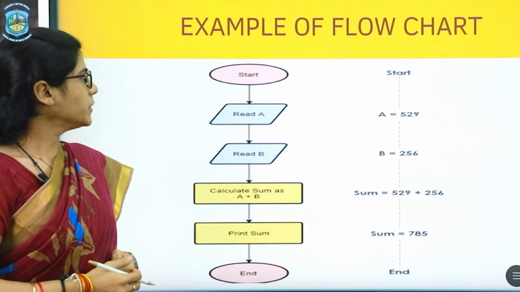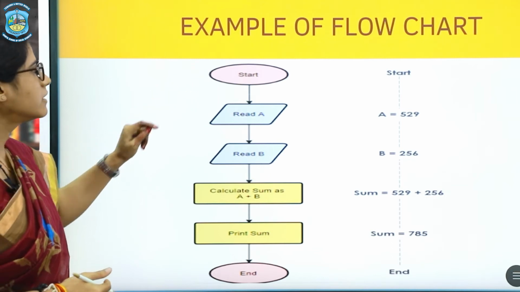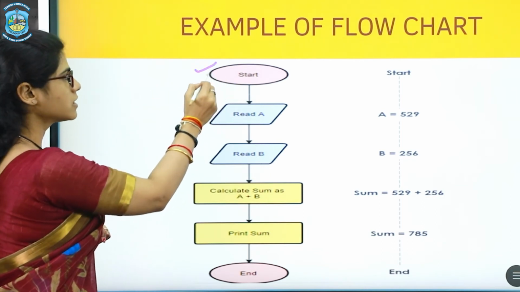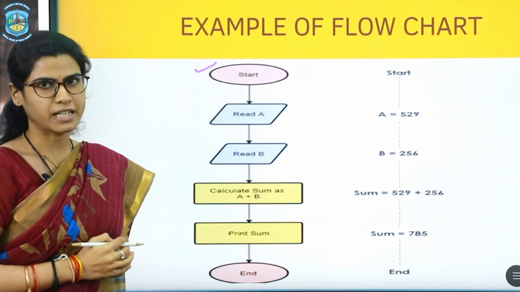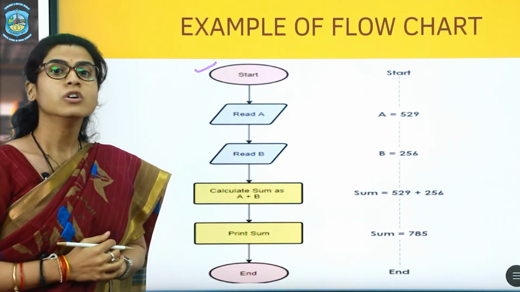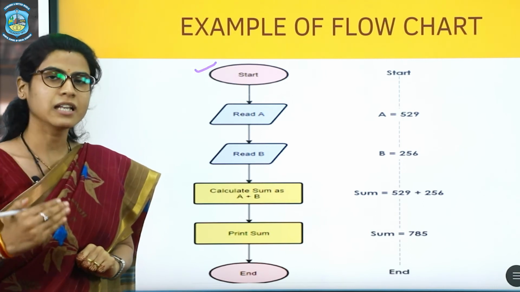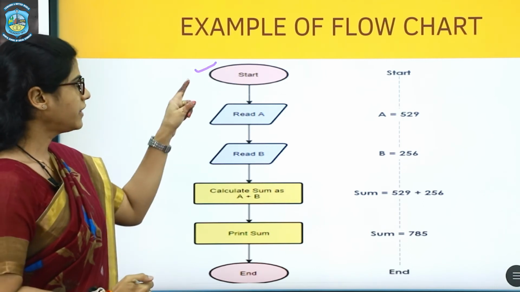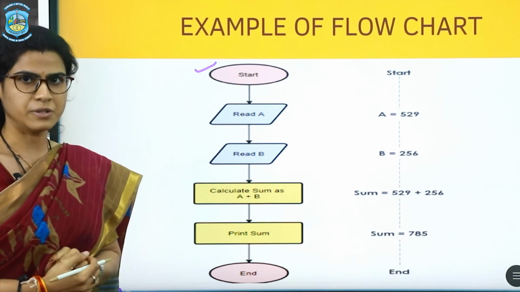Here you can see that we are starting with this ellipse-shaped box that is called a terminator. I told you the terminator is used to show the starting point and the ending point. So here we have used this terminator symbol.